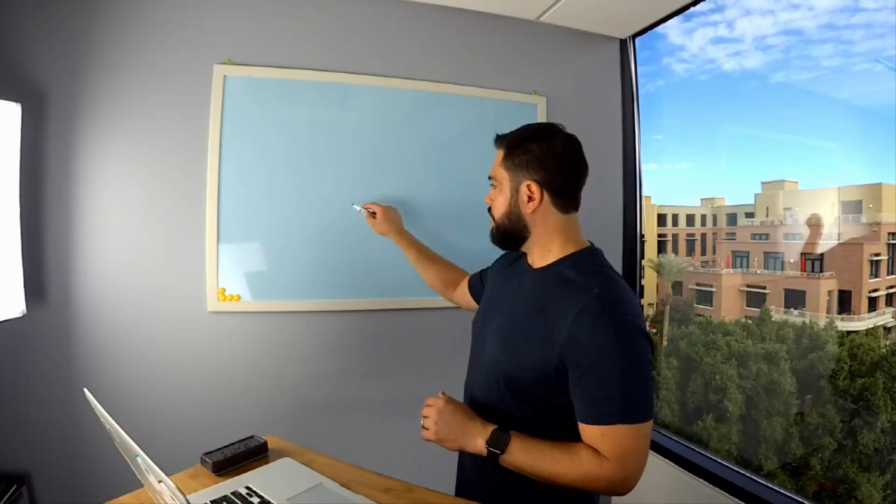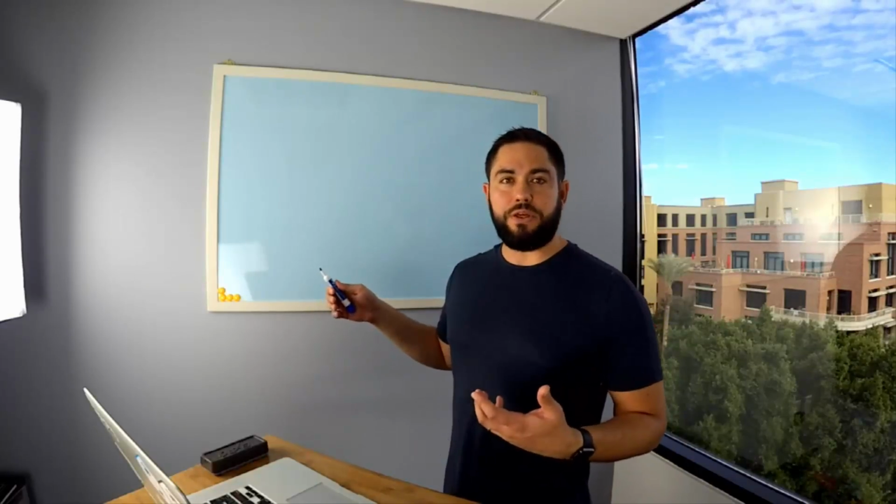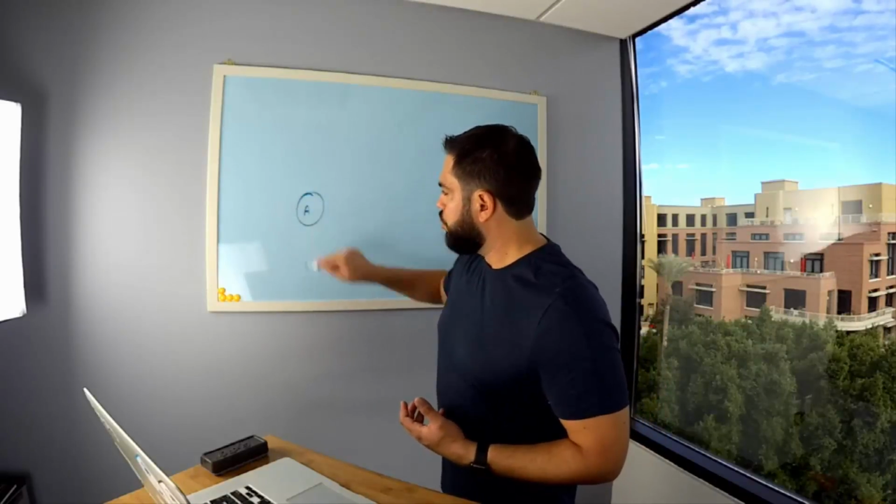So before we jump into the code, I want to give a short description of what we're going to be doing and compare it with other types of authentication. Normally with authentication, if you're building a Rails app and you're using something like Devise, you have your application right here.